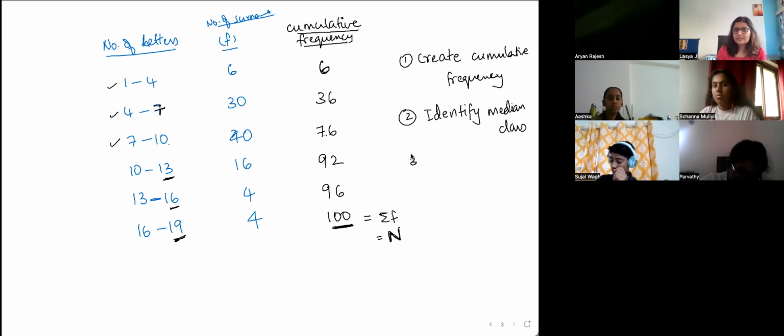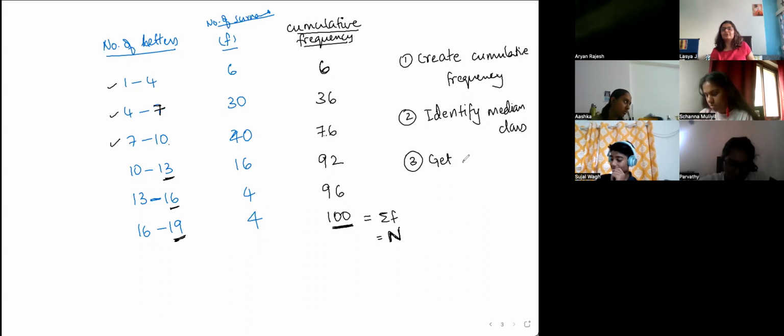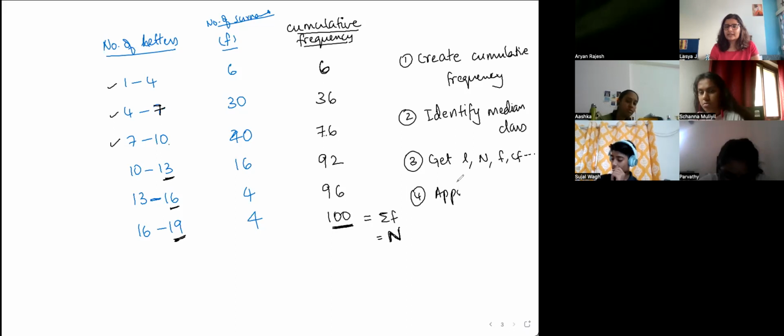So once you have the median class, then get all the values that are there in the formula. So you need to get L and then N and then F and CF and all that. And finally, once you have all those values, apply it in the formula and calculate.